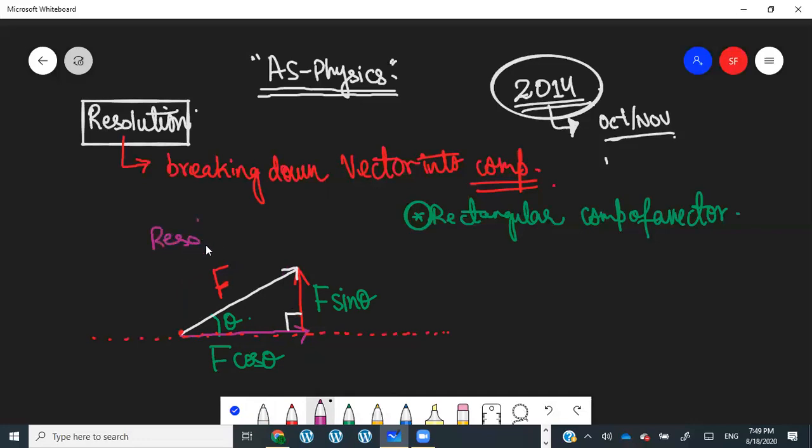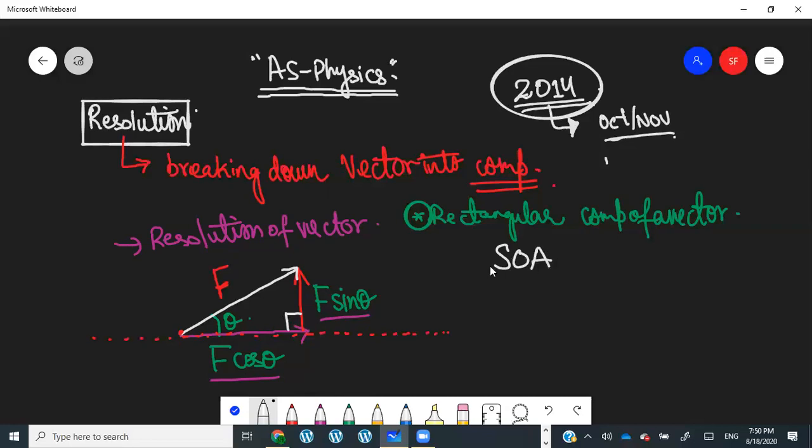And by the way, how did we get the F sin theta and F cos theta? We got it using trigonometric ratios. You can use trigonometric ratios to calculate them. By the way, the derivation has been discussed in the previous class. If you remember, we use the SOHCAHTOA rule.